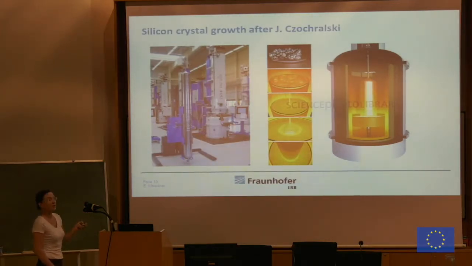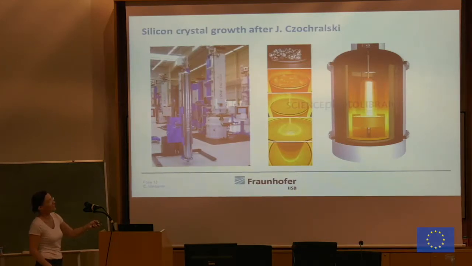Silicon crystals, which are grown after the Czochralski process. The Czochralski process is a process where you melt the silicon. You have a silicon melt, which is dipped with a seed, a very thin seed, and you widen the diameter, and you pull out the crystal to the top of the machine, like you can see here. So this is the crucible with the melt.